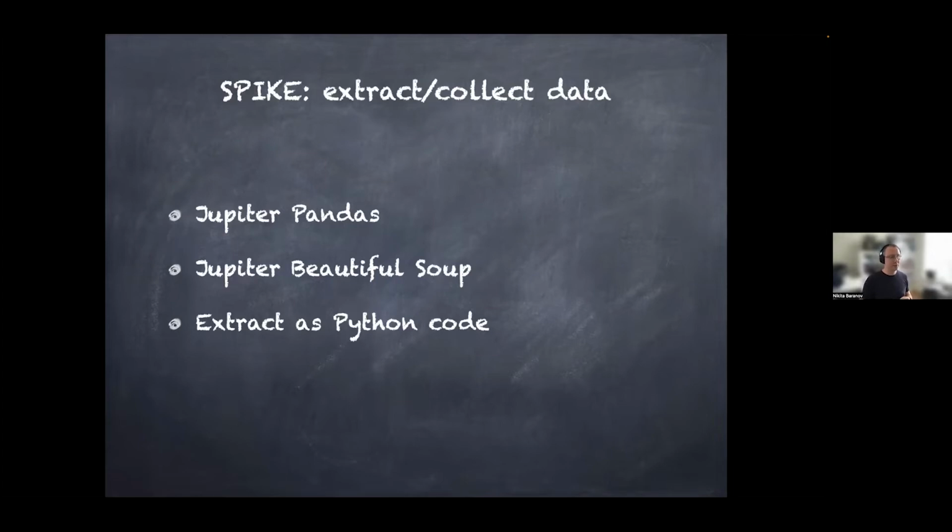I started with a simple combination of Jupyter Notebook and the Pandas library. The reason is that these are very easy tools for exploratory navigation. More specifically, I know that Pandas can actually scrape a web page if you just give it the page.